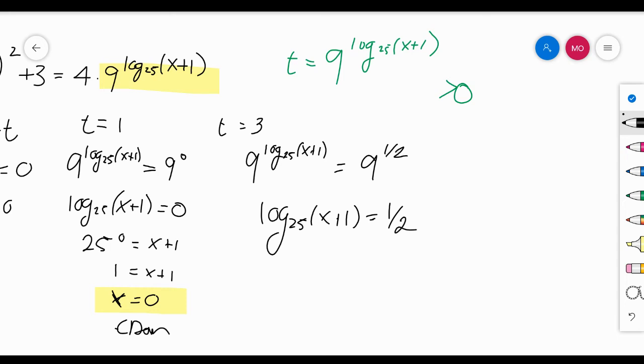Now using the definition of log, we're going to rearrange that. So 25 to the power of 1/2 is equal to x plus 1. 25 to the power of 1/2 is simply 5. So x plus 1 equals 5, or x equals 4. This one is also inside the domain, meaning that it's an answer for us.